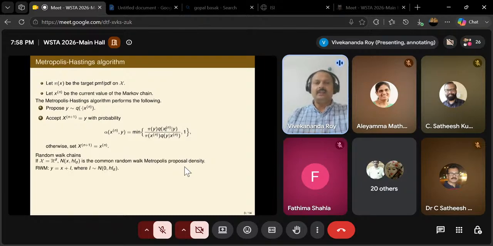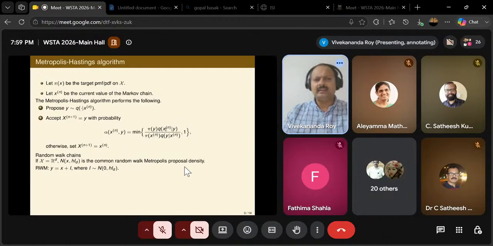Another way of visualizing this is, x is your current value, that X_n at iteration n, and you are just simply doing a small perturbation. So that is x plus epsilon, where epsilon is a draw from a mean zero normal density. That's it. So you are making a Euclidean perturbation to your current value to generate your candidate point y, and then you accept or reject depending on this formula before.